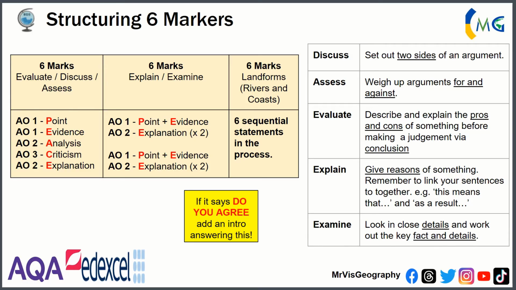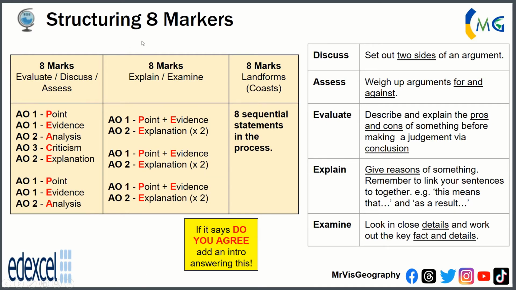So it's a 3 mark answer times 2. Then there's a weird case where you have to talk about a landform in rivers and coasts, and you have to give 6 sequential statements, saying how an oxbow lake or a waterfall is formed. You have to explain the process step by step, and usually there are about 6 steps. So that's for the 6 mark.